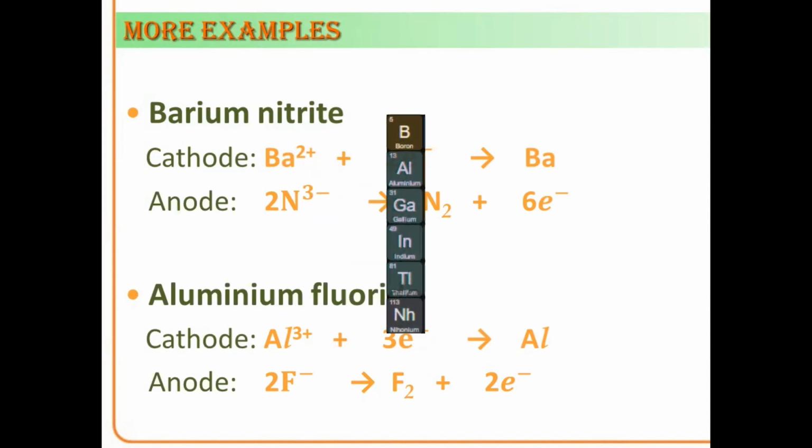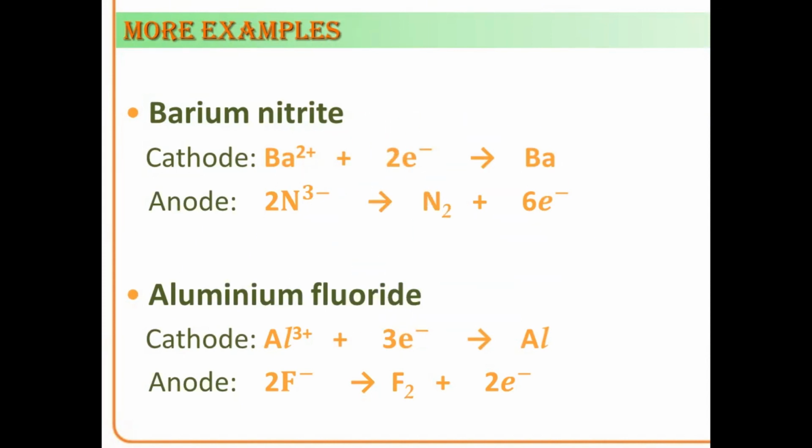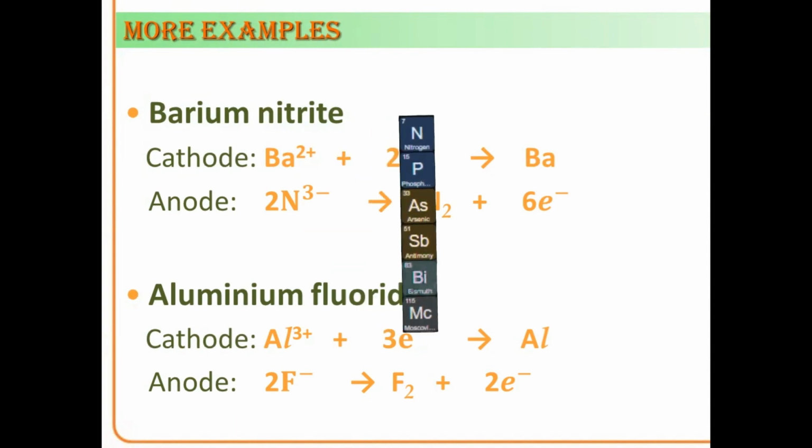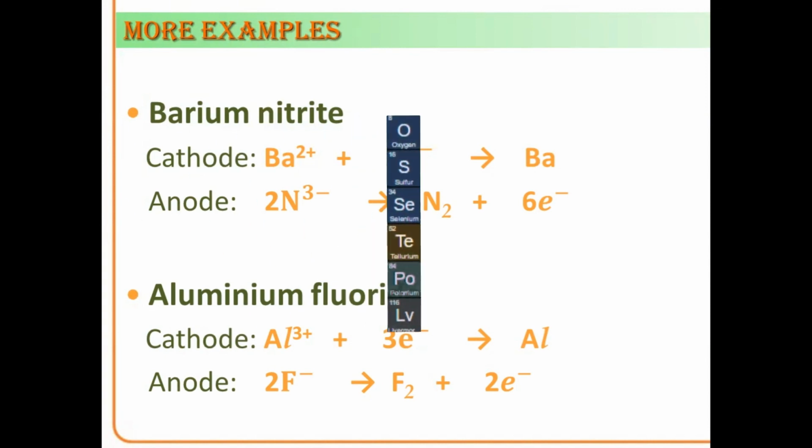Anything in group 3, for example aluminium, the charge is 3+. We go to group 5, for example nitrogen, nitride: the charge is 3 minus. Group 6, oxygen, sulfur: as long as it ends in IDE, the charge is 2 minus. And then for the halide ions, the charge is 1 minus.